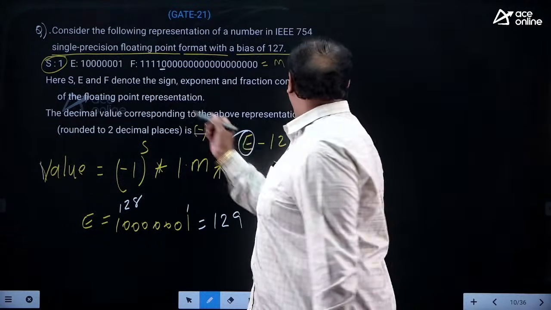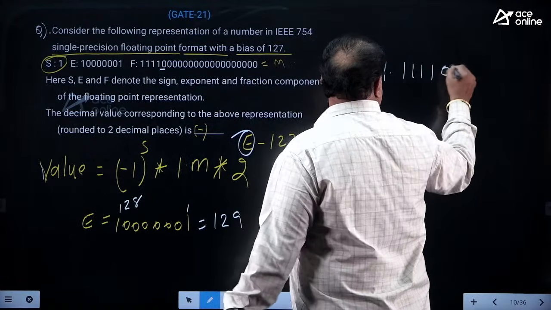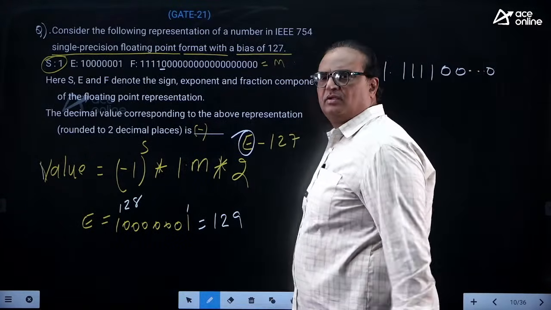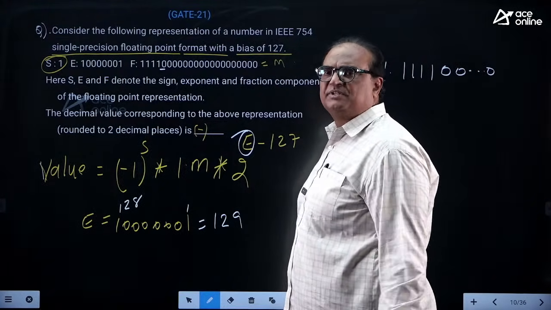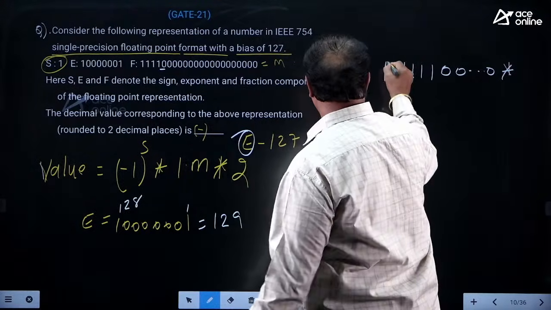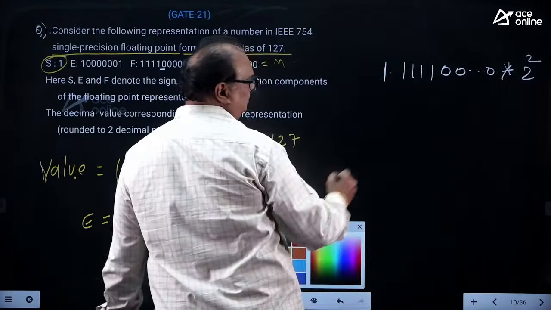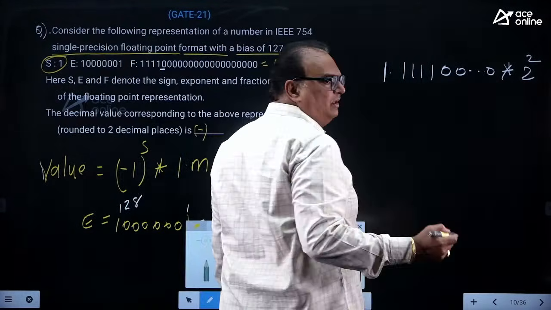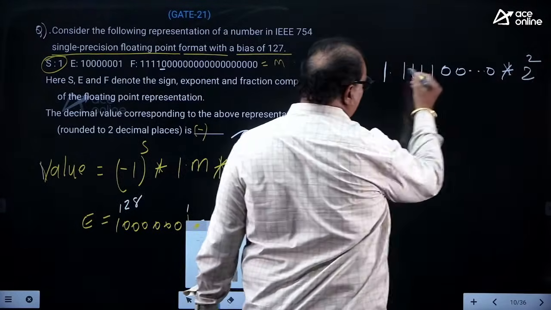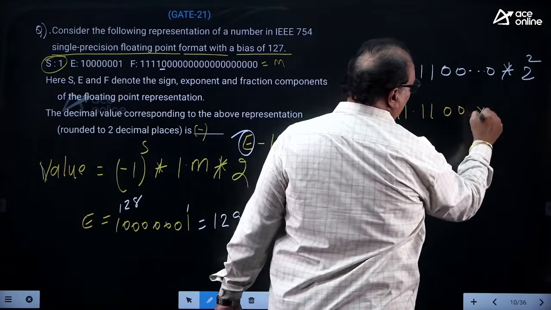1.m, M means like this: 1.1111 0 zeros. IEEE standards use implicit normalization. That's why the hidden bit is needed, into 2 power 2. So to make it simple, you have to produce 0 here to get 111.1100 into 2 power 0.